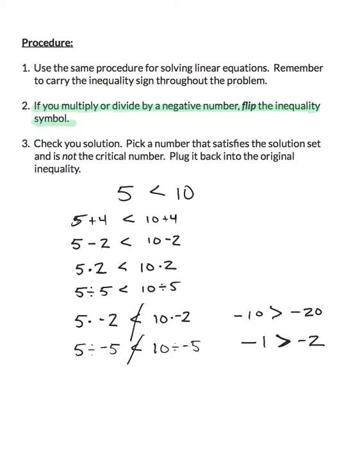We are basically flipping around the 0. And again, whatever was on the left is now on the right. Whatever is on the right is now on the left. So this is the main thing that you need to remember when solving inequalities: when we multiply or divide by a negative number, we need to flip our inequality symbol.